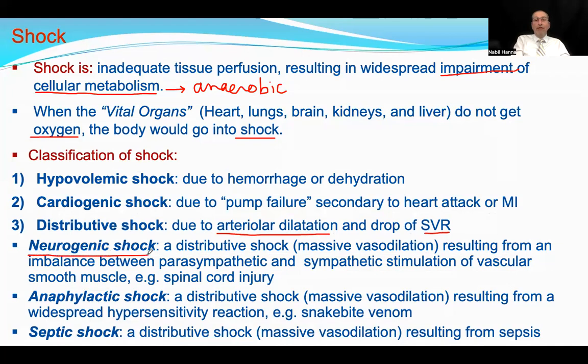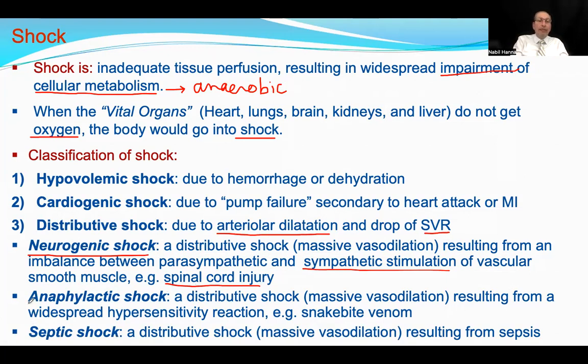If you have failure of the sympathetic nervous system, it is the sympathetic nervous system that keeps the arteries partially constricted. That's why it's maintaining your blood pressure. But if you have spinal cord injury and you lose the sympathetic outflow to the blood vessels, they dilate. Or if you take drugs, some medications.